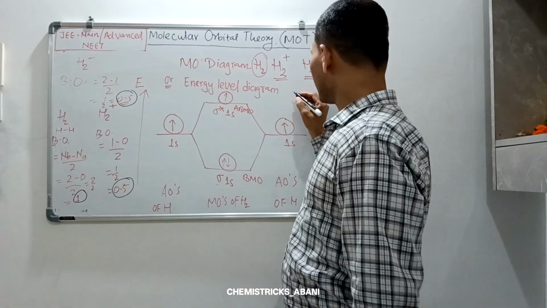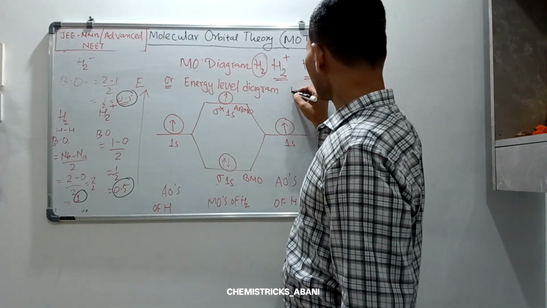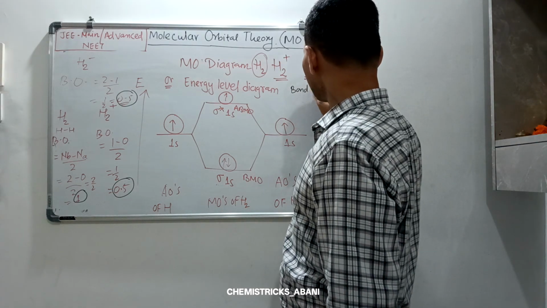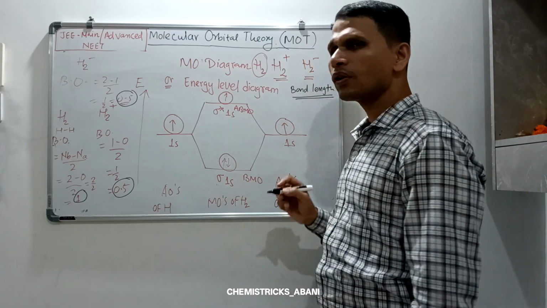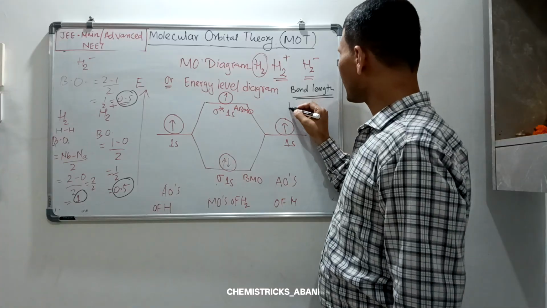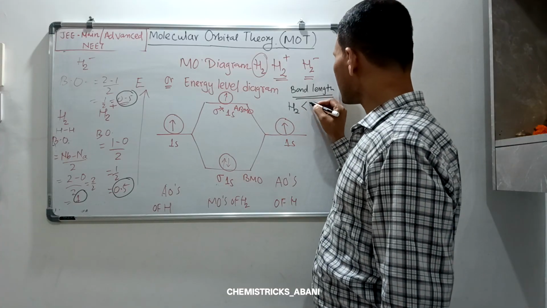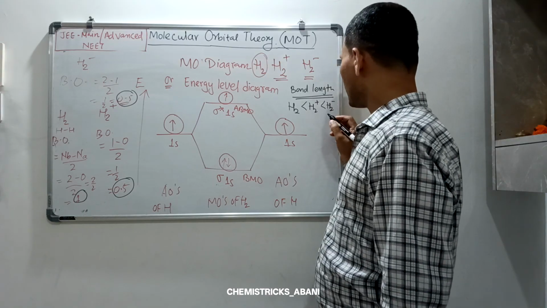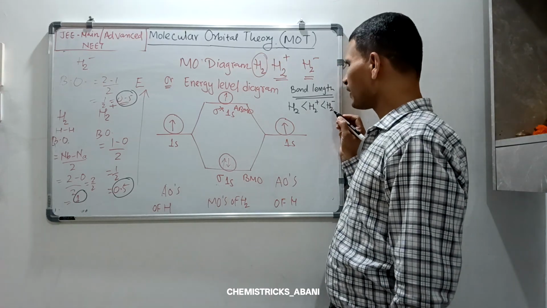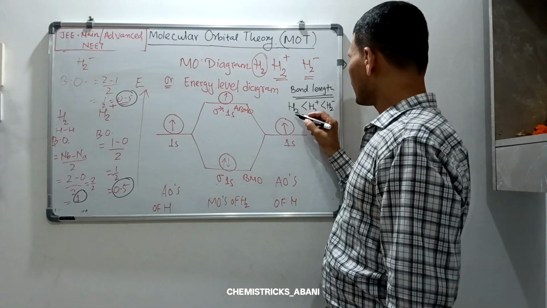So if the question is to arrange the species in order of bond length, I can easily write H2 is less than H2 plus, which is less than H2 minus, since H2 has a high bond order compared to these.